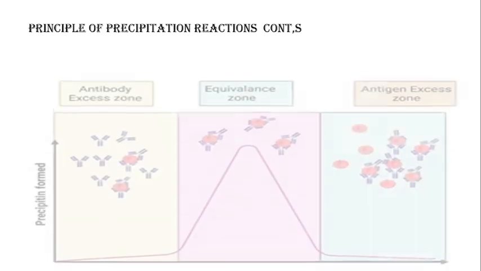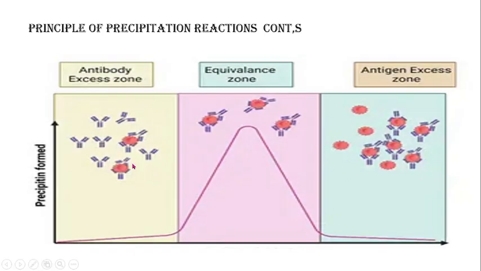Here we also have another figure which illustrates how the excess or deficiency of either antibodies or antigen will result in either formation of the precipitate or not. Here we have the antibody excess zone.